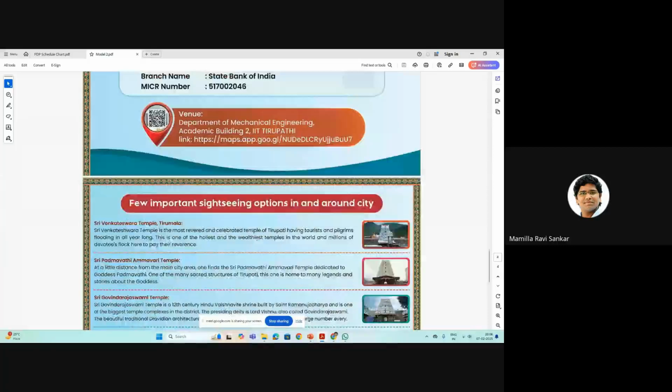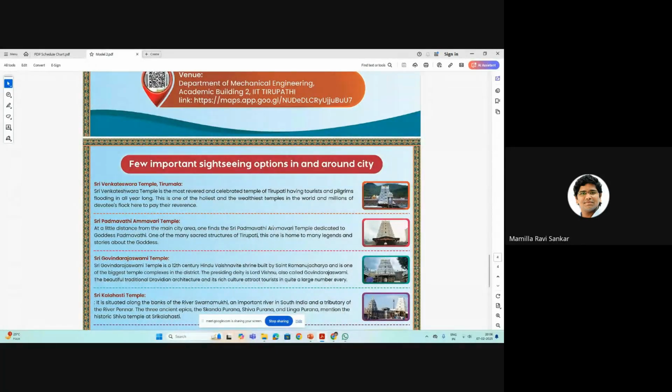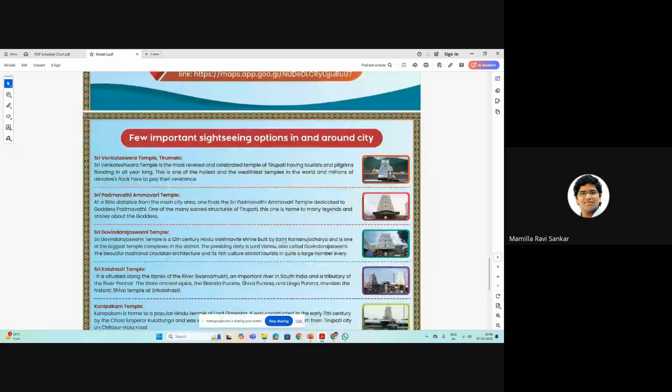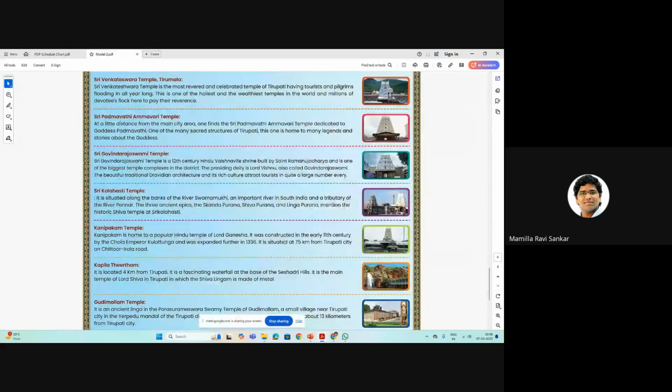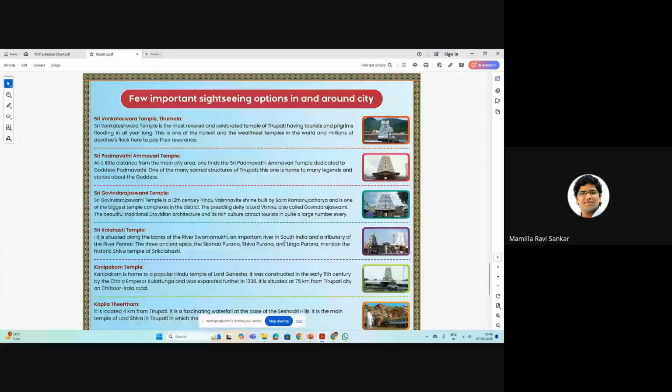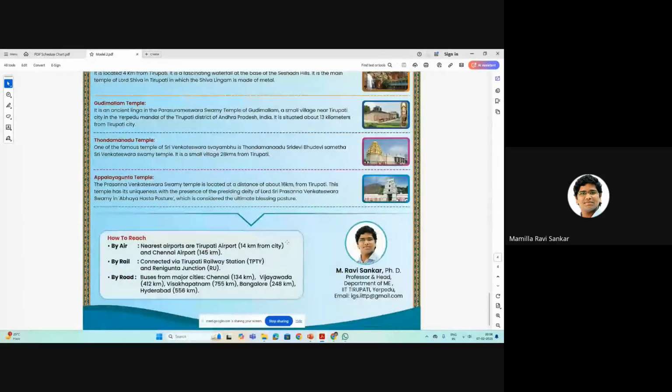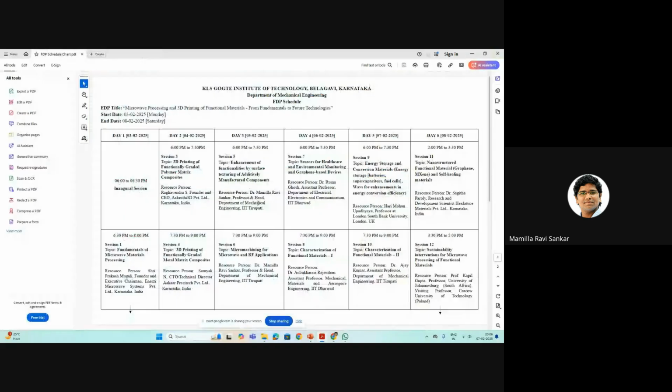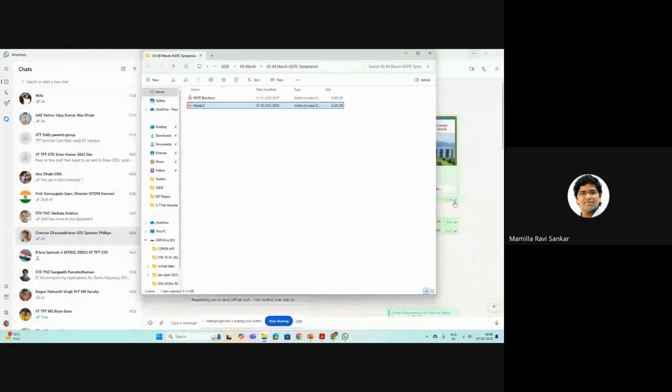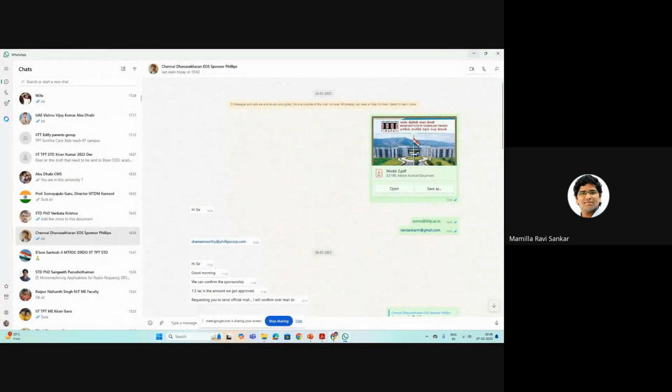Not only academics, Tirupati also has a lot of places to visit, like Tirumala and many temples. I don't know whether I can share this here. If I can, I will share it with you. Thank you.